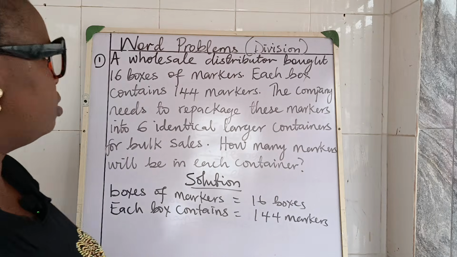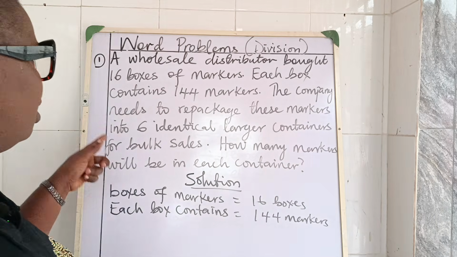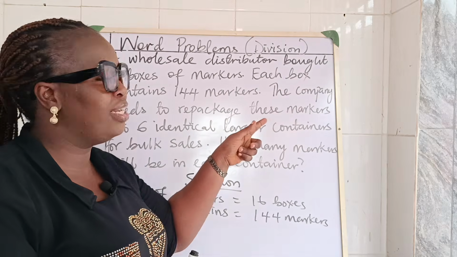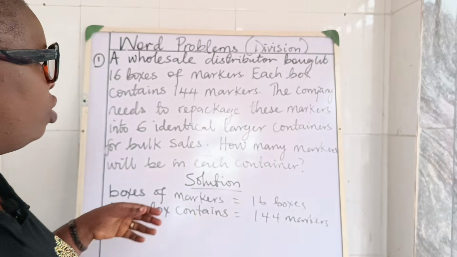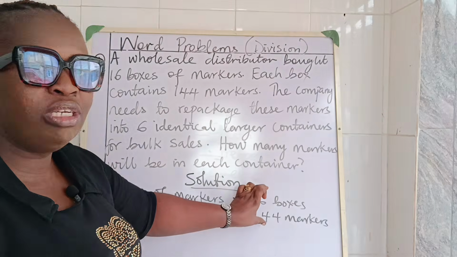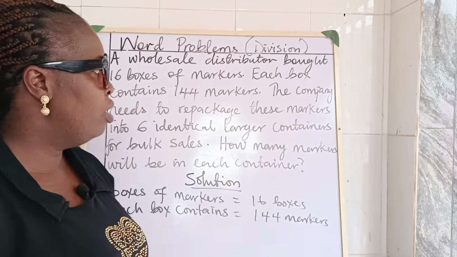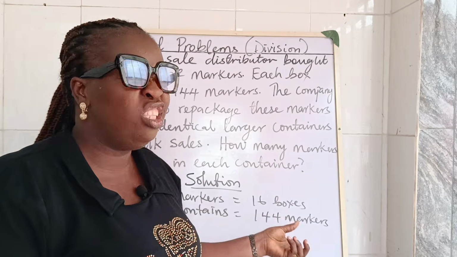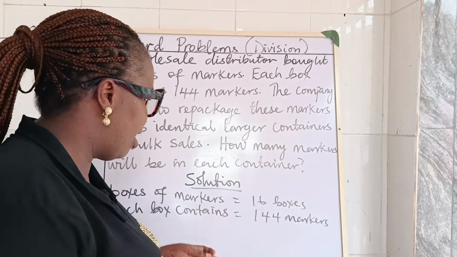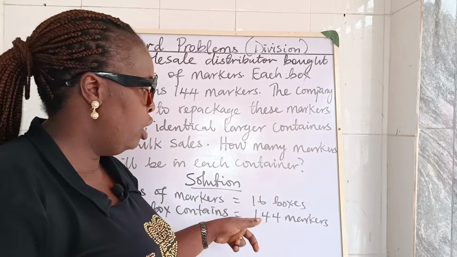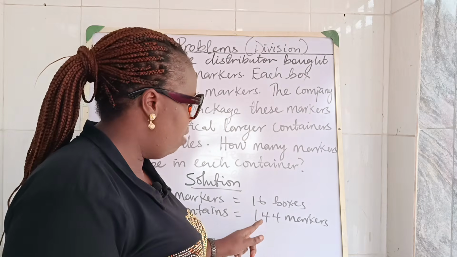Then the company needs to repackage these markers into 6 identical larger containers. Now, before we repackage this information given to us into 6 identical larger containers, we should find out individually how many markers are in that box. Remember, each box contains 144.